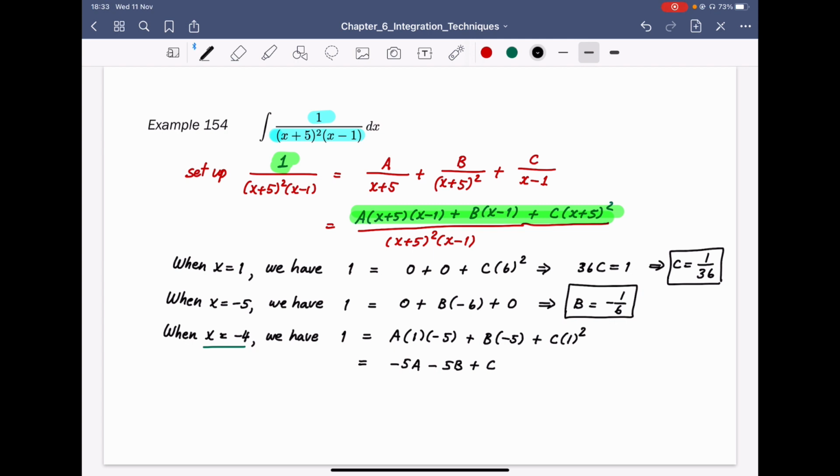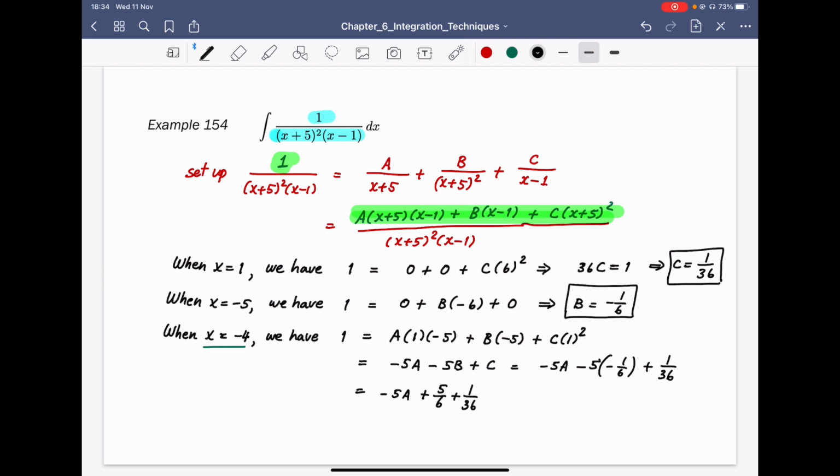Because I already know the values of B and C, I can solve for A. So I'm going to plug in those numbers: negative 5A minus 5 times negative 1 over 6, and then plus 1 over 36. On the right hand side now, I have negative 5A plus 5 over 6 plus 1 over 36.